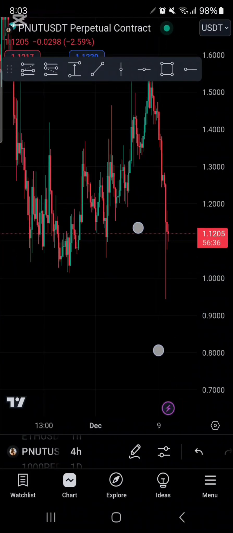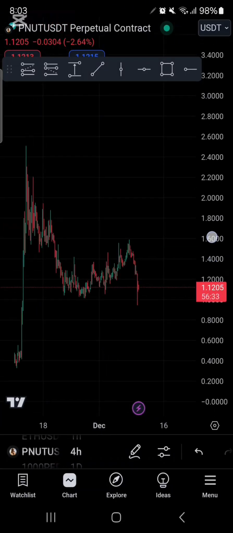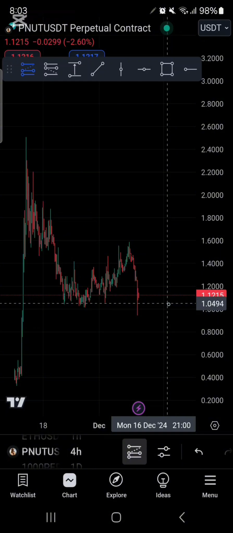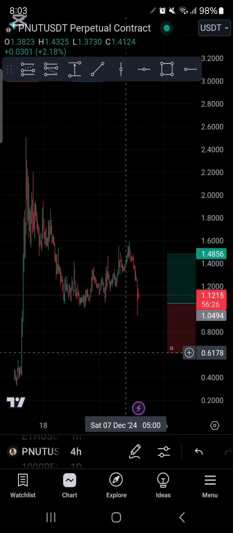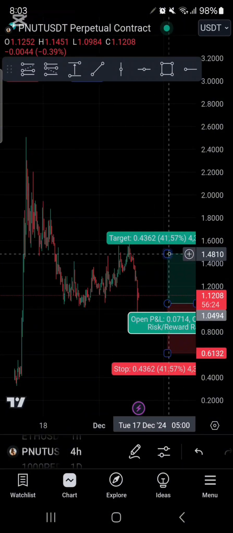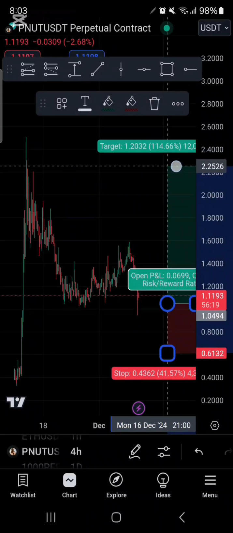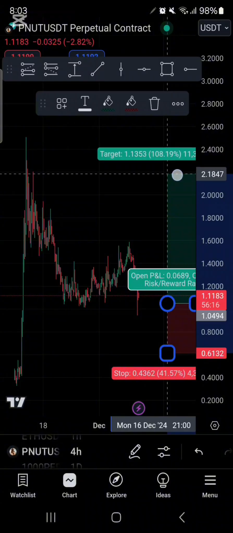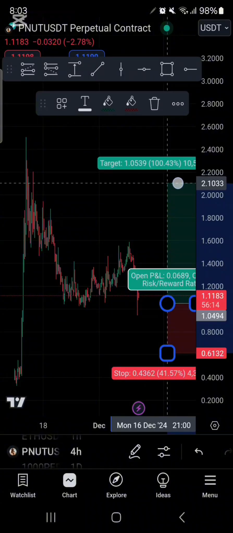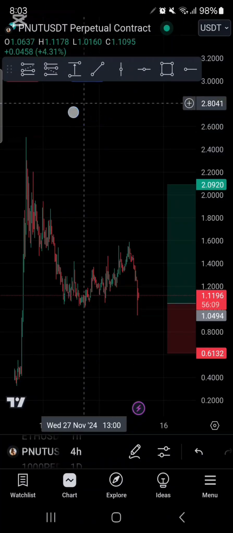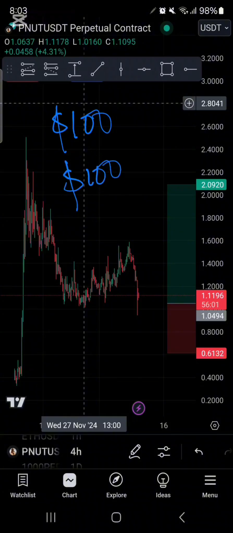If you decide to buy this coin on spot, let's say you're buying from this price, which is 1.4, and the coin goes all the way here, let's use 100% profit. If the coin goes 100%, that simply means if you invest $100, your money becomes $200.